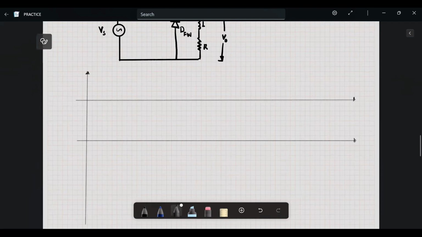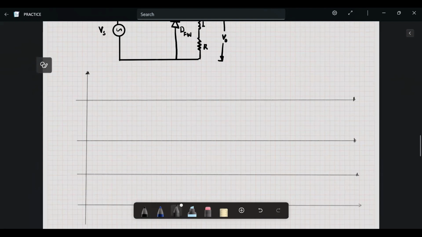The other waveform I'm going to include is the voltage across the freewheeling diode, and also the voltage across the rectifier diode. This axis is the voltage axis.